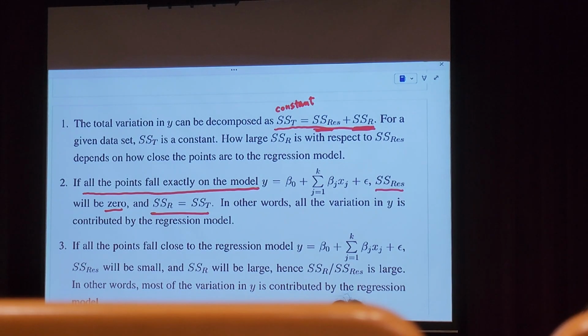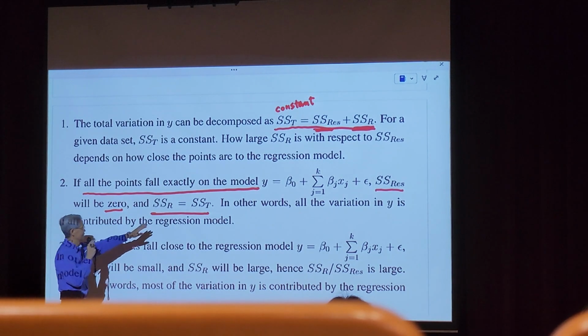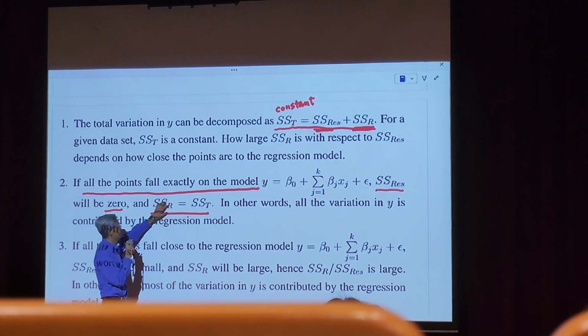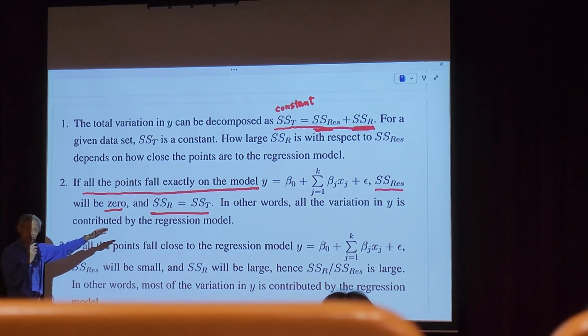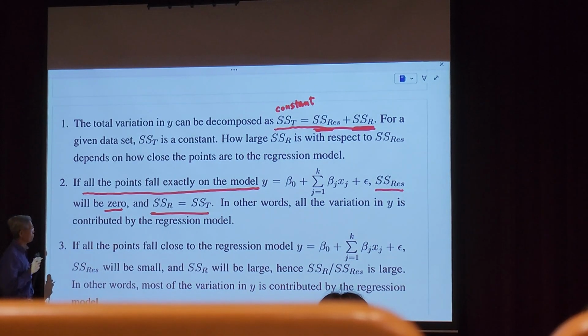SSR will then equal SST. In other words, all the variation in Y can be explained by the regression.